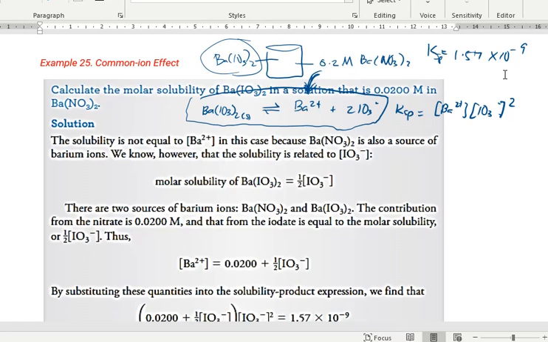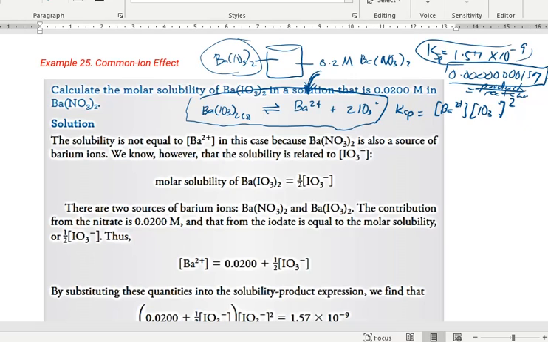If you notice, that's to the negative 9, which means that it is a very small value. That is the solubility product constant of barium iodate, and that's equal to products over reactants, right? So from the value of Ksp itself, we can say that barium iodate does not dissolve much. Its molar solubility is very small.